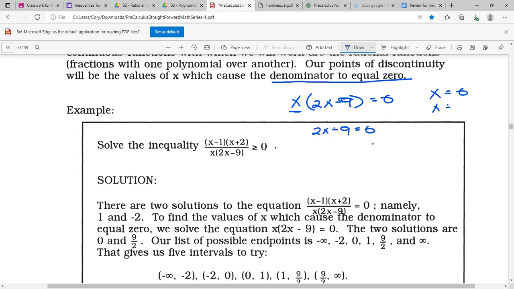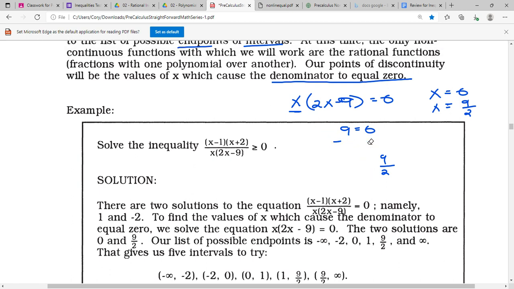So we'll do plus 9, and we're going to get 2x equals 9, divide by 2, divide by 2. So the other one would be x equals 9 over 2. These are what are going to make this function non-continuous at those 2 points, right? So there is no answer at 9 over 2 and at 0. Okay, so we're going to add that to our list.